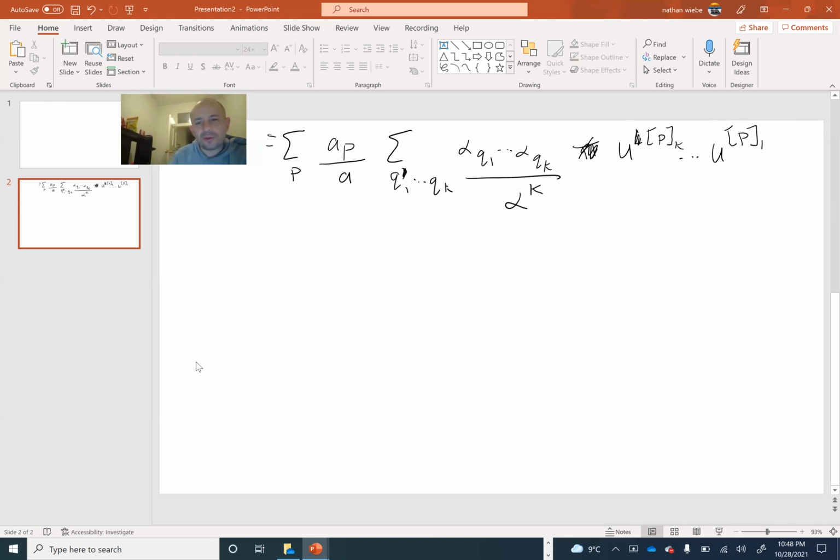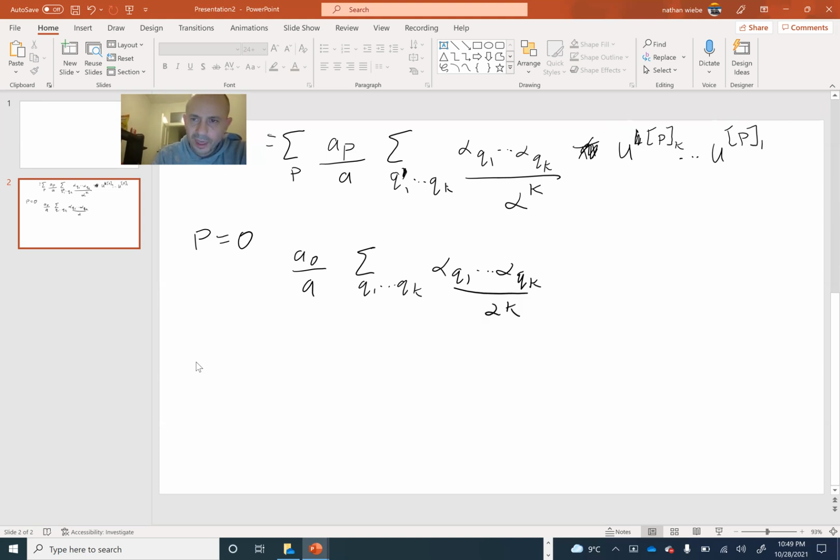Wonderful. It helps to go through some case analysis to understand how this linear combination of unitaries operator works. So let's first consider the value where p equals 0. In that case, that particular term is going to be a0 over a, with the sum over q1 to qk, alpha q1 through alpha qk divided by alpha to the k.